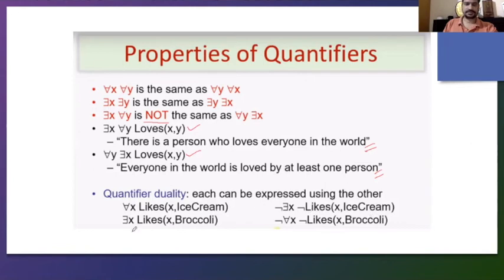Similarly, for some x, x likes broccoli. Here it says not all x, x doesn't like broccoli, right? So you can see that both pairs produce the same meaning. That property is called quantifier duality.